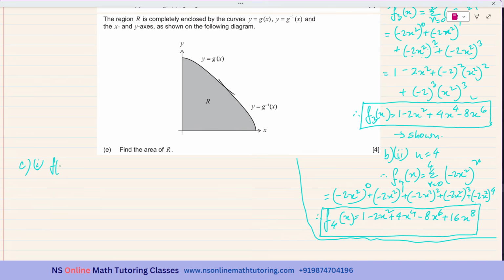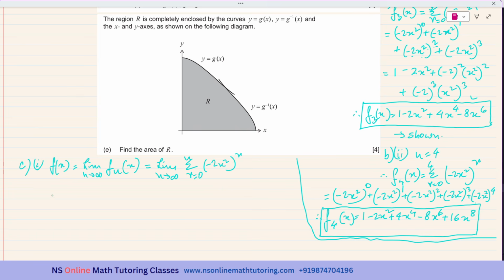I'm writing the question first of all. In place of fn of x, I am writing sigma, r equal to 0 to n, of minus 2x squared raised to the power of r.